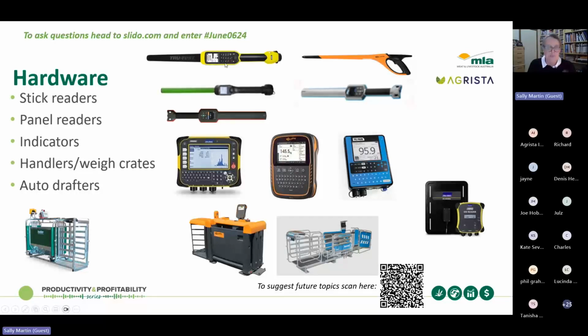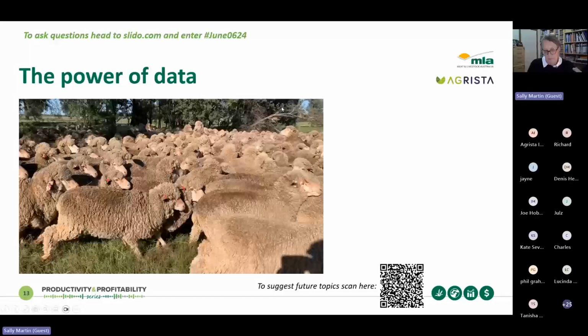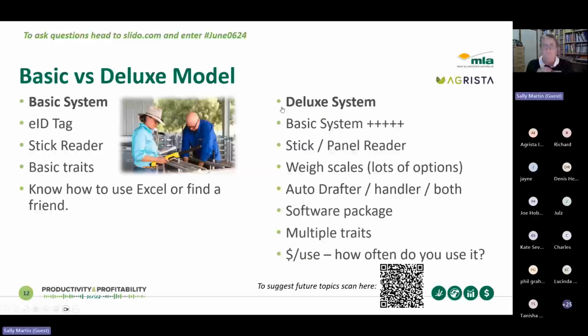So you could capture a number of traits into these stick readers. And so that enables you to capture some information without having to have all of the bells and whistles. Again, basic traits, but you can then utilize Excel to start managing that information.